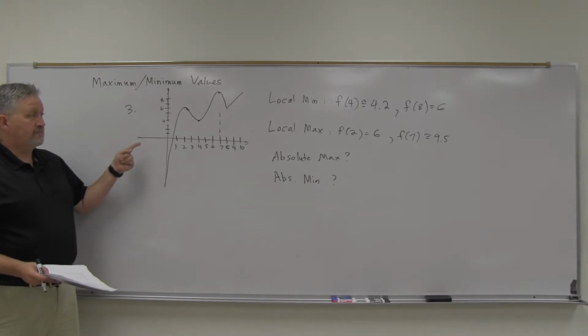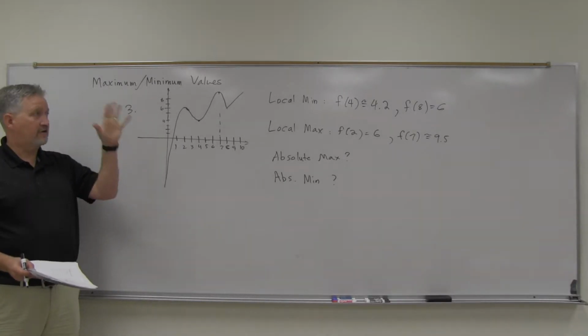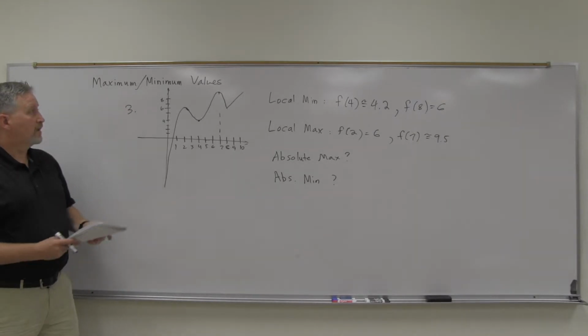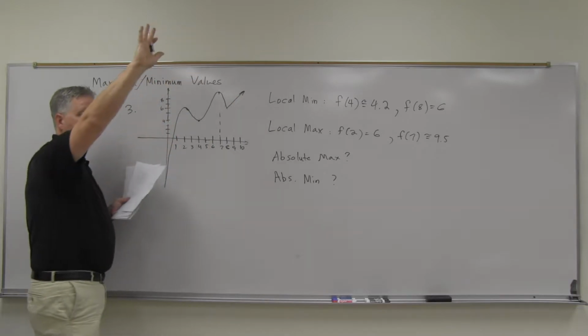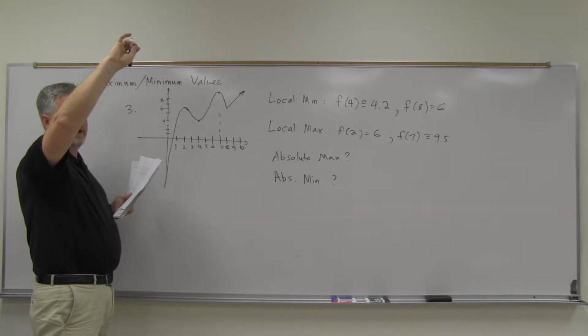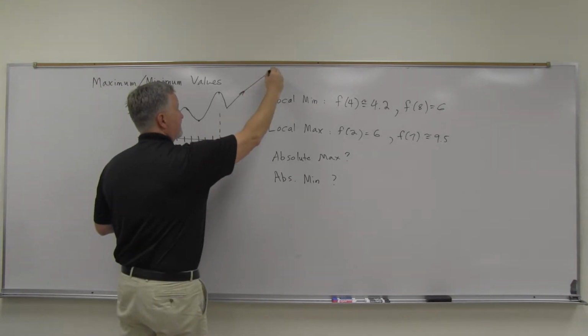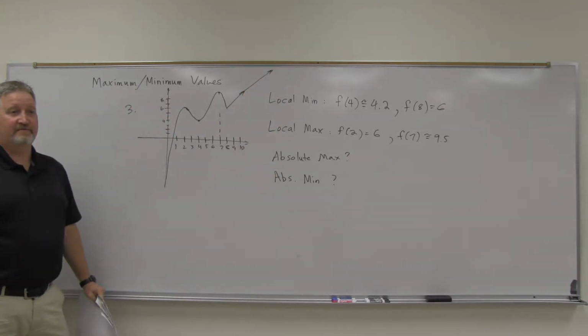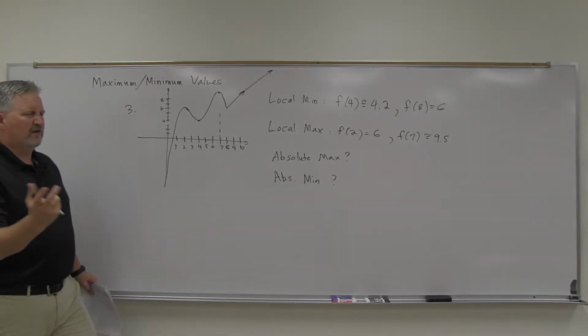Is there an absolute max? Is there a point that's higher than any of the others? Well, by implication, this graph just keeps going up from there on out. There's not going to be a max point there. So as far as an absolute maximum goes here, no, there's not one.